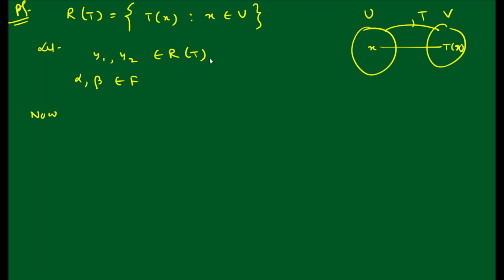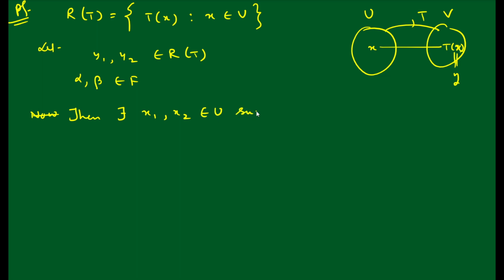What does it mean? So that means y1 has a preimage in U and y2 has also a preimage in U, because you see T of x. Suppose ये जो element है, तो मान लीजिए this element is y. So if y belongs to R of T, then y का जो preimage है वो कहाँ पे रहेगा? U पे रहेगा. So then there exists x1 comma x2 belongs to what?